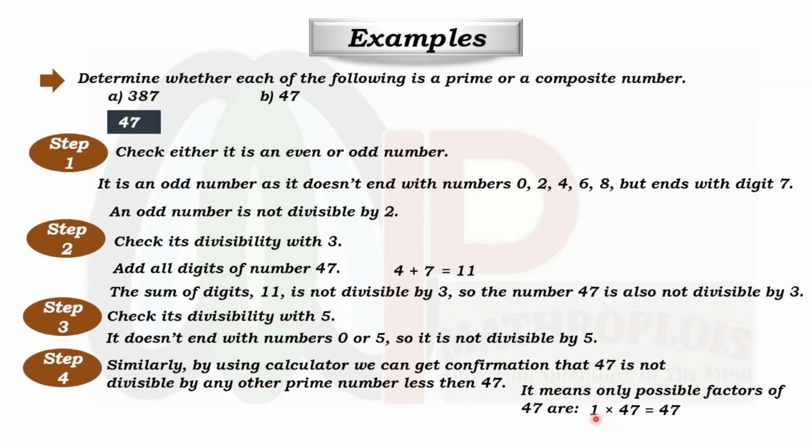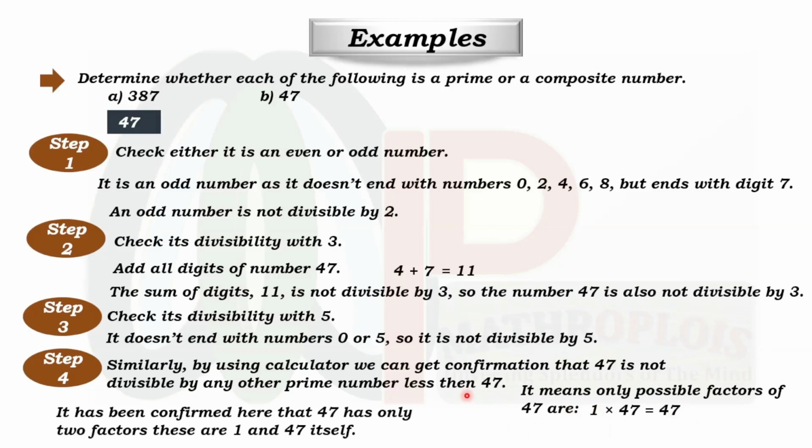It has been confirmed here that 47 has only 2 possible factors. These are 1 and 47 itself. And 47 is a multiple of 1 and 47. We have already learnt that the number which has only 2 factors is called a prime number. So, 47 is a prime number.